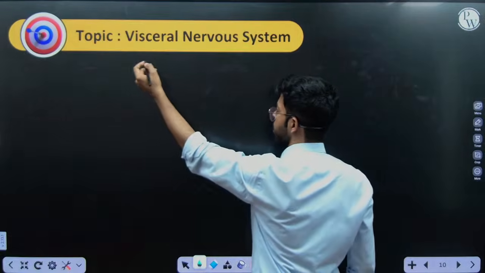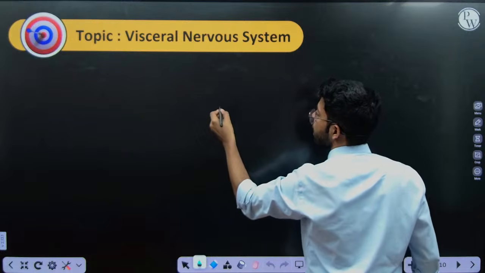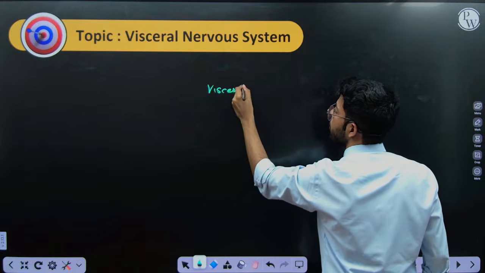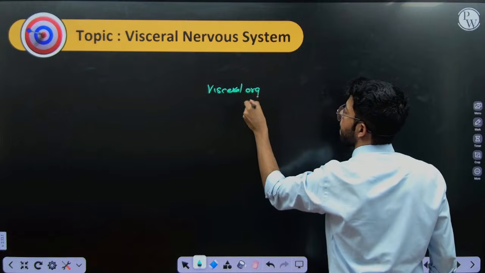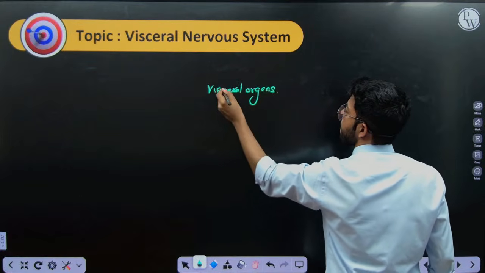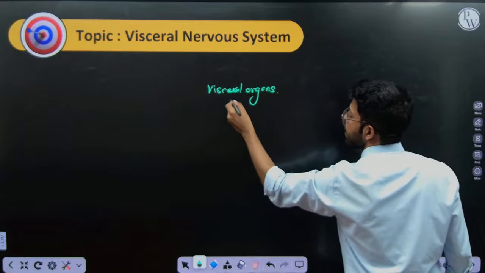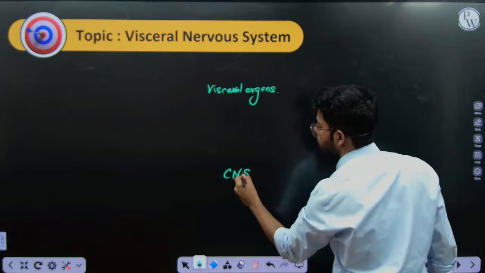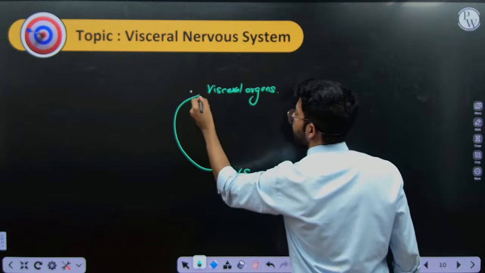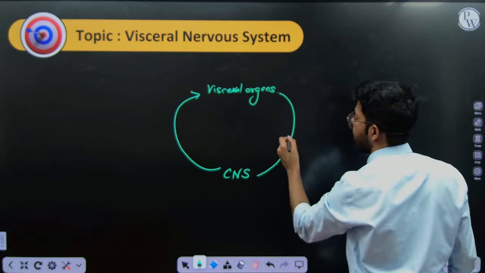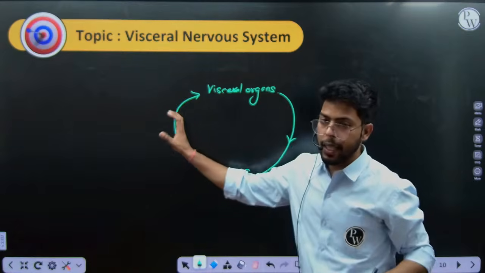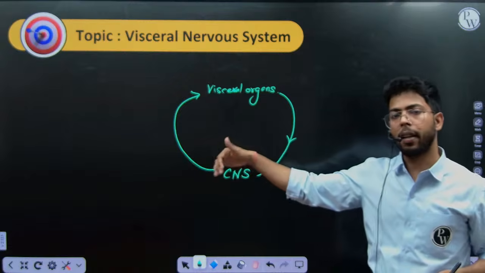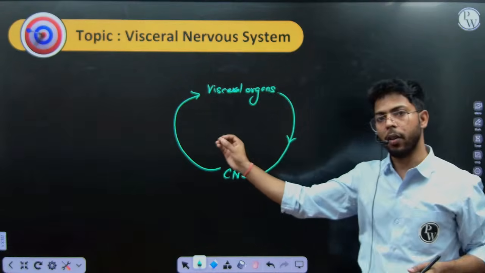Now the visceral nervous system. Visceral organs send signals to the CNS, and in this the sensory and motor nerve fibers are both present, but the ANS has only motor neurons.